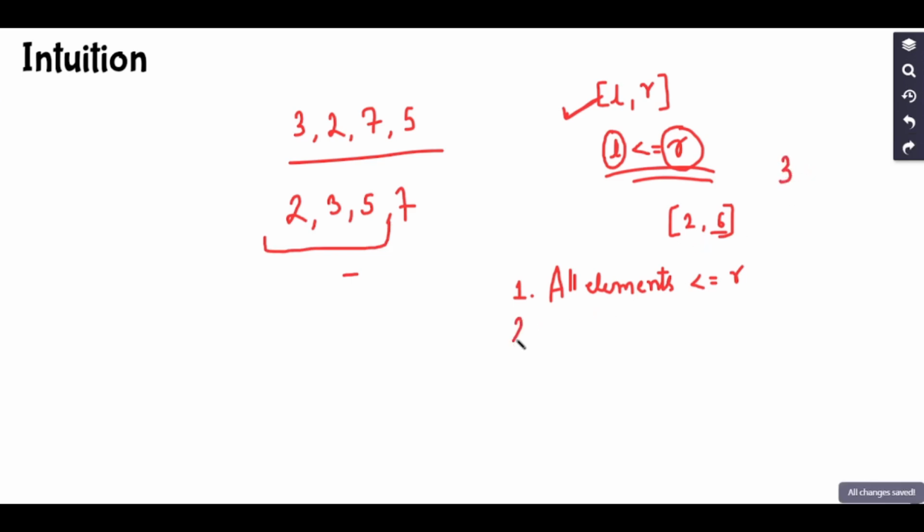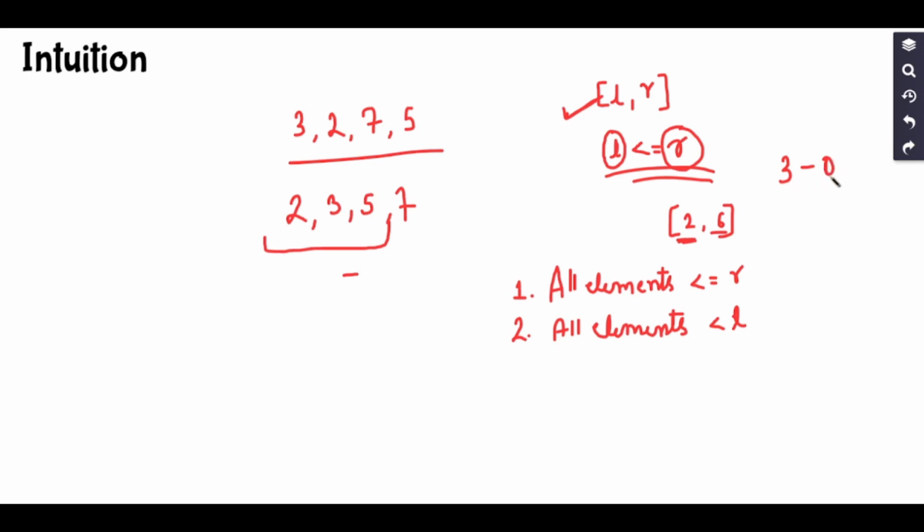Now the second observation: if I find all the elements which are less than L, how would I find that? Find all elements less than L. How many elements are there which are less than this 2, or L? We can see we have 0 elements.